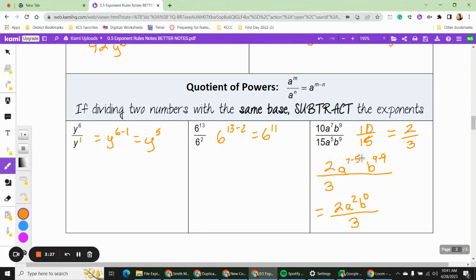And then I'm going to continue with subtracting those exponents. A to the 7 minus 5 power, and B, we're subtracting 9 minus 9 for those exponents. We're getting 2a squared b to the 0 power over 3. Now, we're going to talk about the 0 exponent a little bit more in a bit here, but for right now, we'll just leave that just like that.